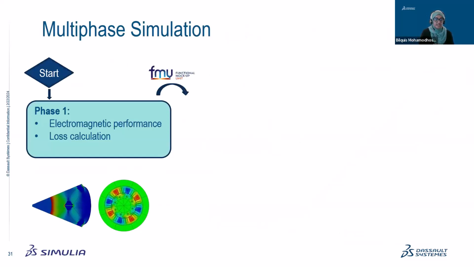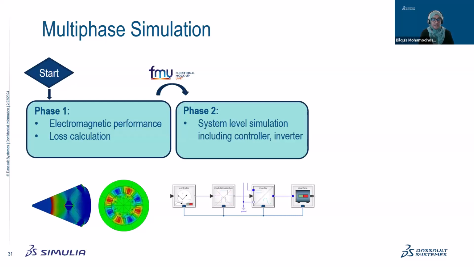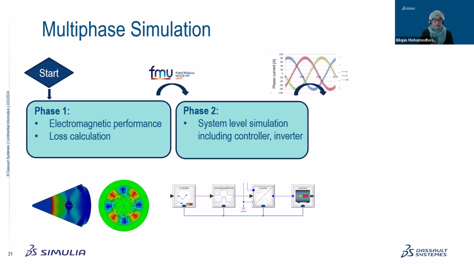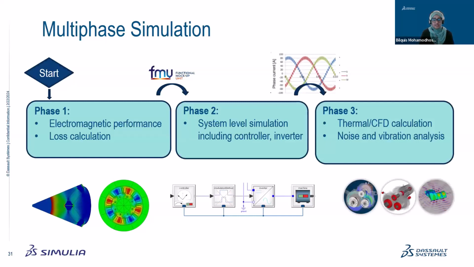The next thing is we can create the reduced order model, create our FMU, and then integrate that on a system level. So for example, we can use Dymola or any other products to do that. And from there, we can obtain the desired waveforms. And those waveforms can be used in other multi-physics calculations like thermal, CFD, or NVH analysis.